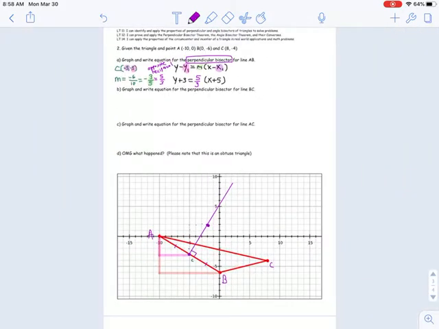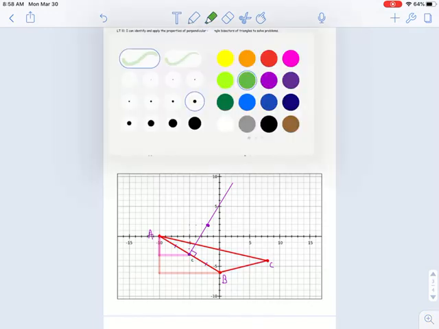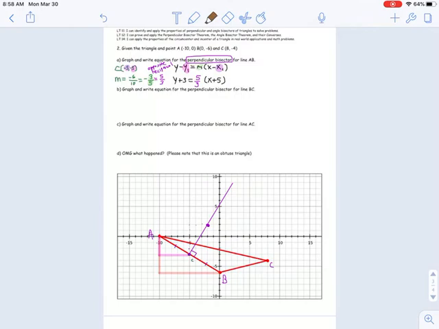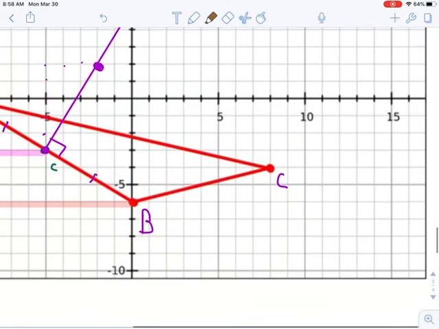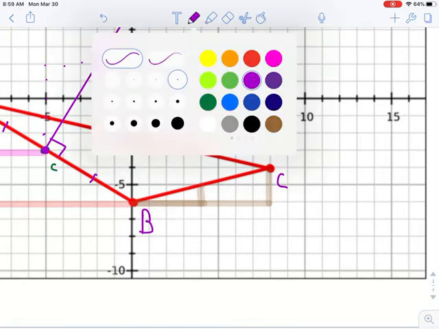All right, now we're going to do the same thing for BC. So BC has a positive slope, right 8, up 2. So that means we're going to go right 4, up 1, and boom. That's how I find my midpoint.